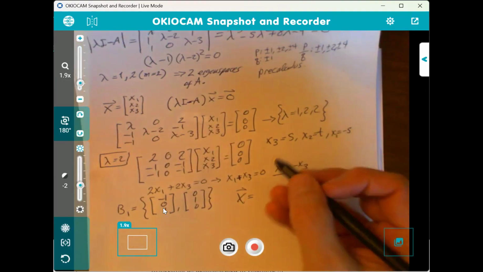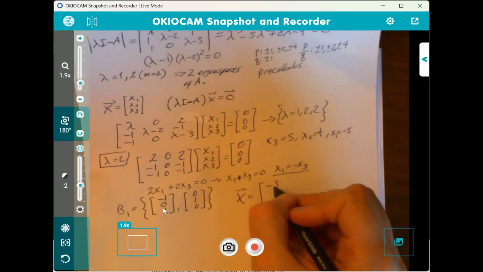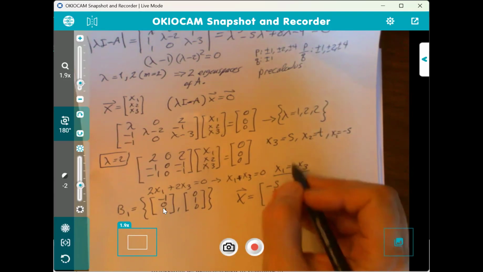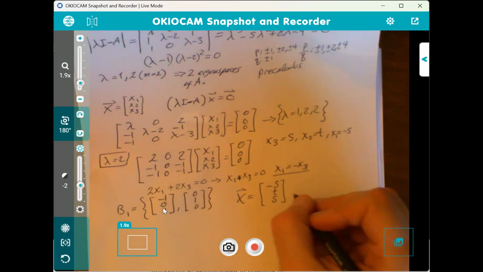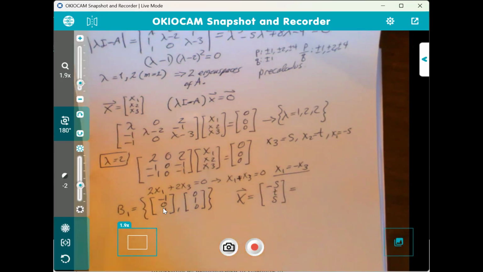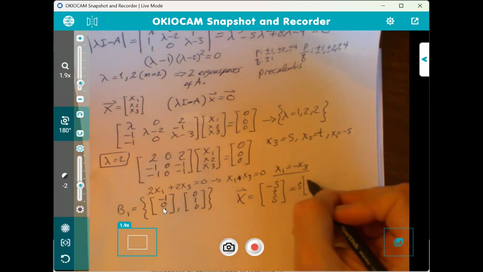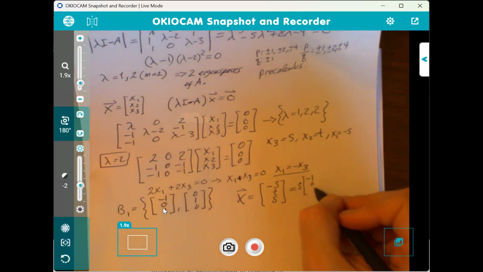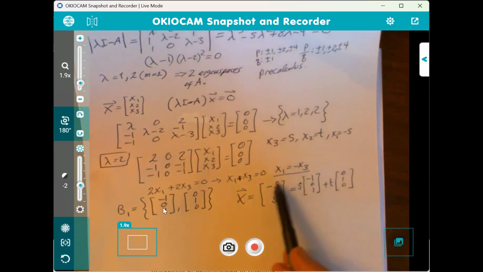X is going to look like this: x sub 1 is -s, x sub 2 is t, and x sub 3 is s. Now I can write this as a sum of 2 column vectors: s times -1, 0, 1, plus t times 0, 1, 0. We put these together, you get exactly this.